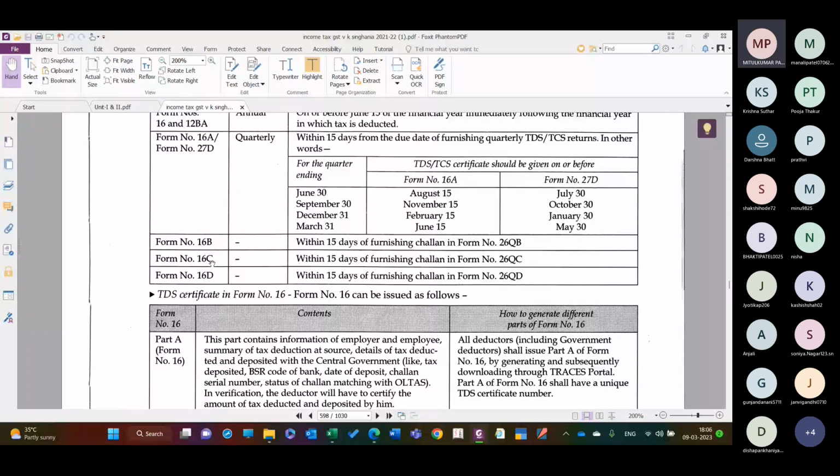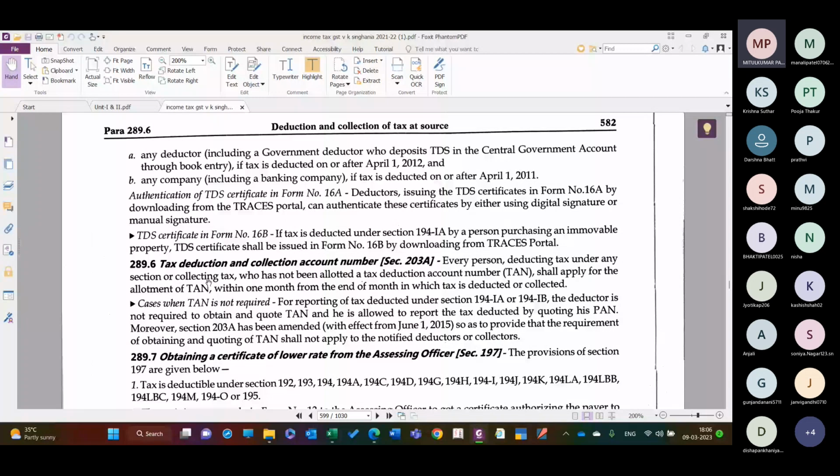Up to the moment. And then, if someone whose tax has been deducted, because the TDS provisions are applicable to the persons who are making the payments.